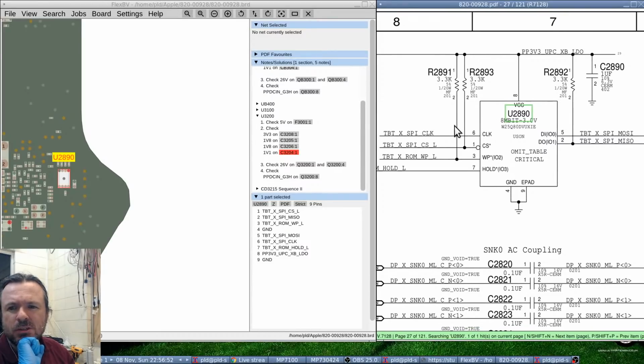Alright, which interface is it using? This side? Or this side? I'm gonna guess this.